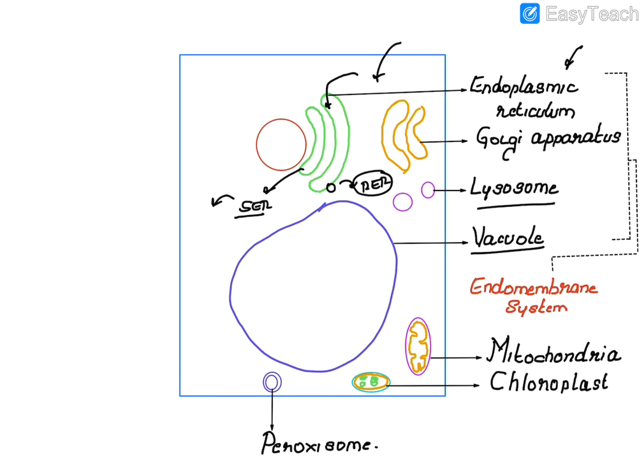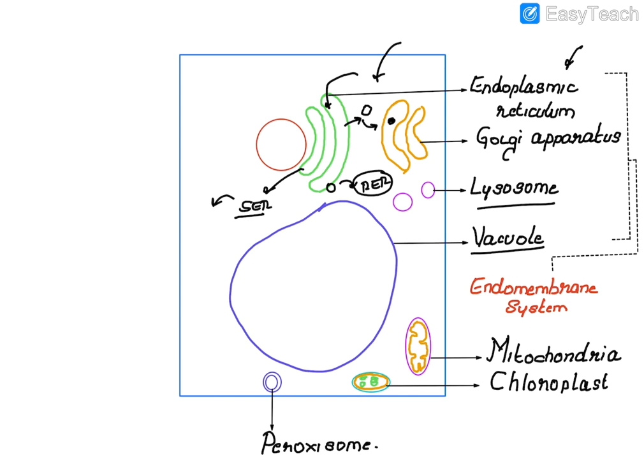Whatever protein is synthesized should be properly packed. That's why the protein produced inside the endoplasmic reticulum is sent to the Golgi apparatus. Transport vesicles join with the cis face of the Golgi apparatus, and later the packaging takes place inside the Golgi apparatus. That's why the Golgi apparatus is called the packaging center of the cell.